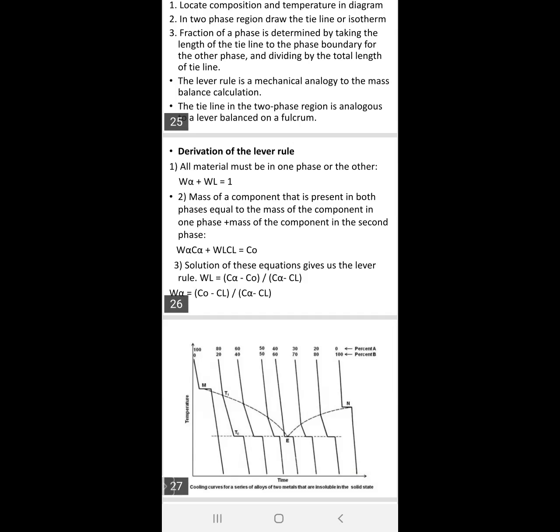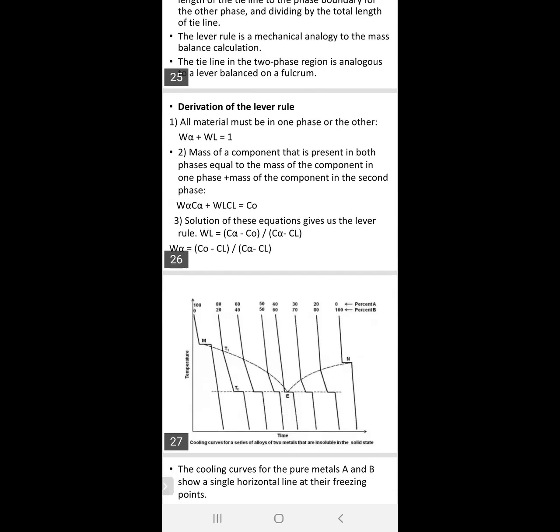Derivation of the lever rule: the weight of alpha plus the weight of liquid, that is solid plus liquid, must equal 1, since it is one phase or the other. The mass of the component present in both phases equals the mass of the component in one phase plus the mass of the component in the second phase.